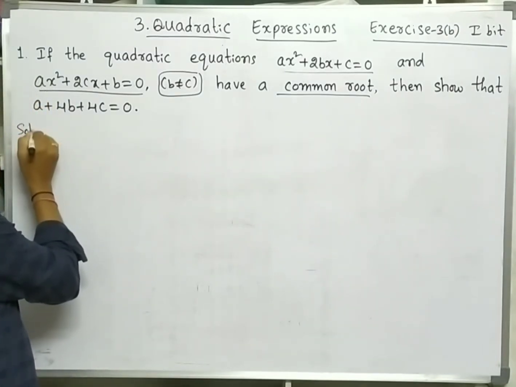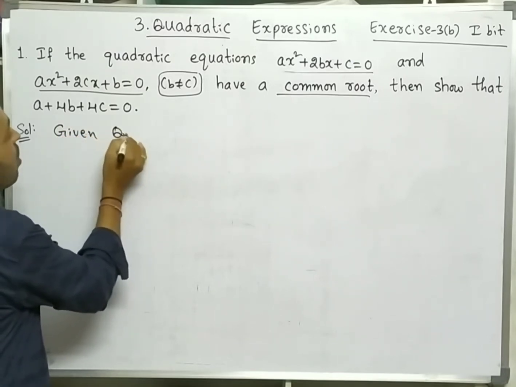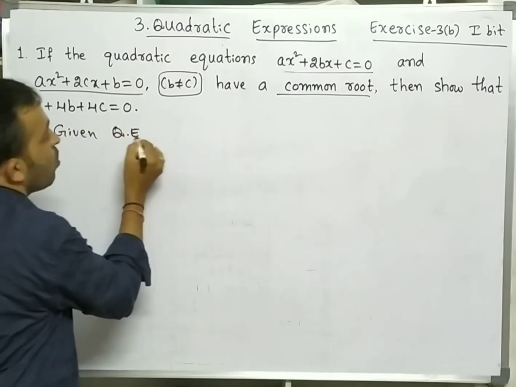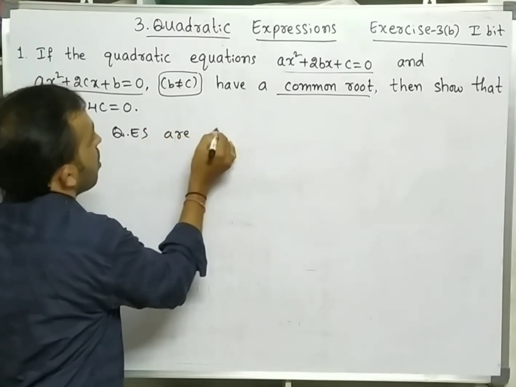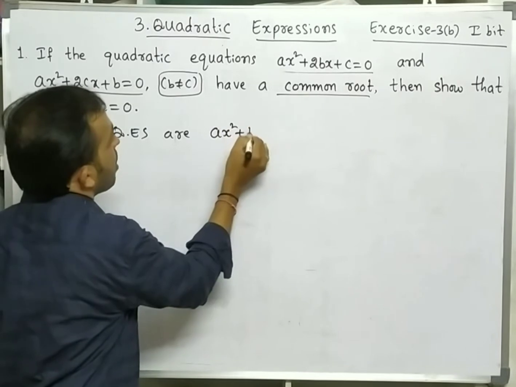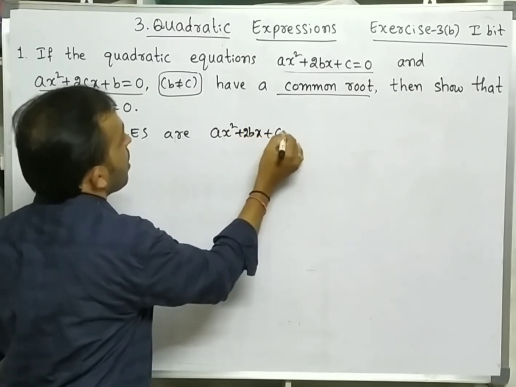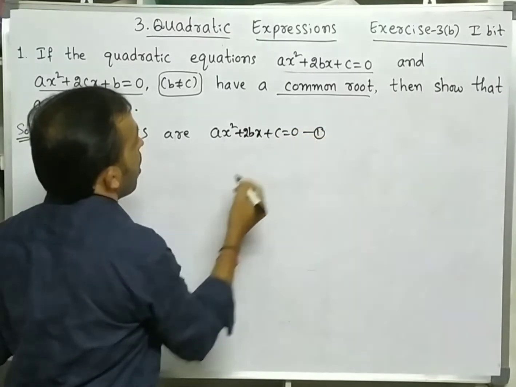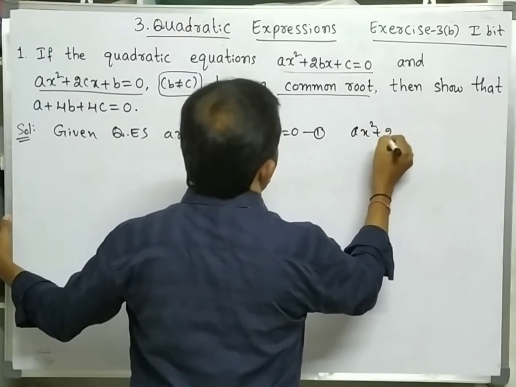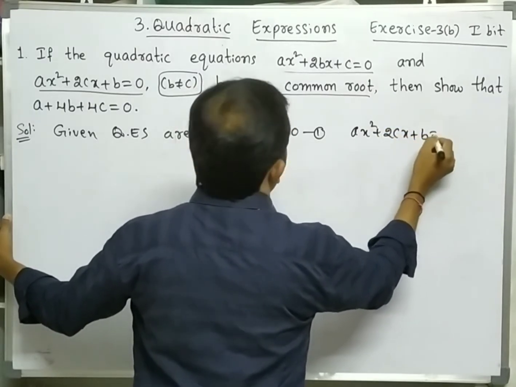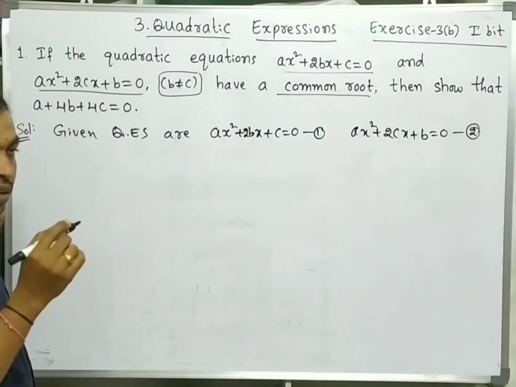Okay, so first of all, the given quadratic equations (QE) are: one is ax square plus 2bx plus c is equal to 0, and the second one is ax square plus 2cx plus b is equal to 0. So these two equations have a common root.